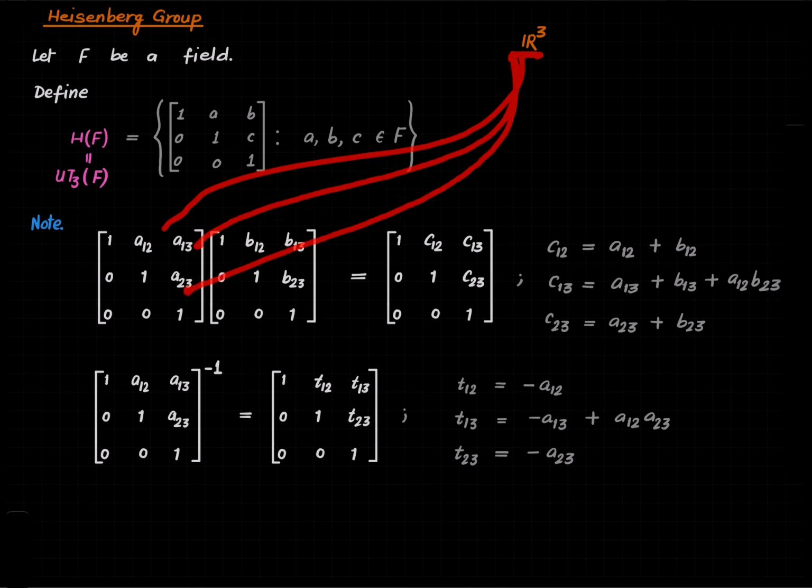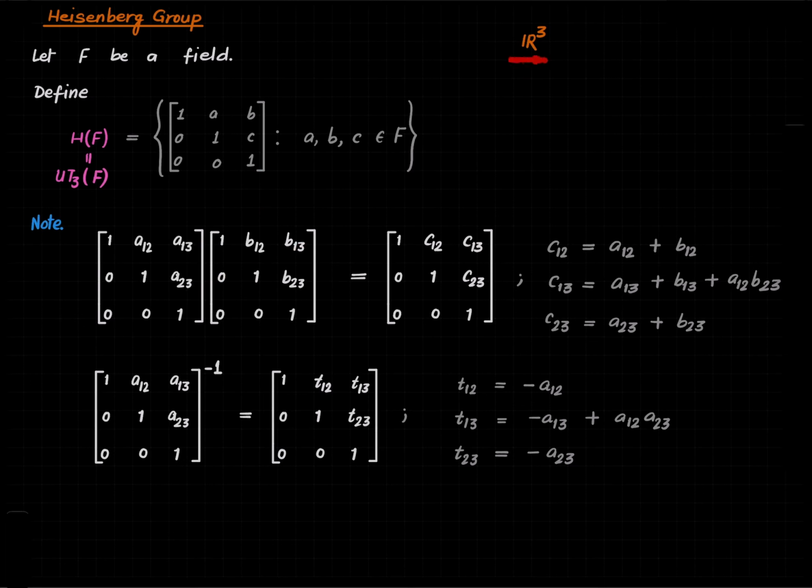The three entries, you can put them here. And then you can define multiplication of three entries of R3 by using this matrix multiplication. I hope that makes sense. So you can define a nice group structure on R3, though that is difficult to understand. Maybe you should write a code and see how that multiplication behaves. It would be nice to see. Perhaps I should also do that exercise.